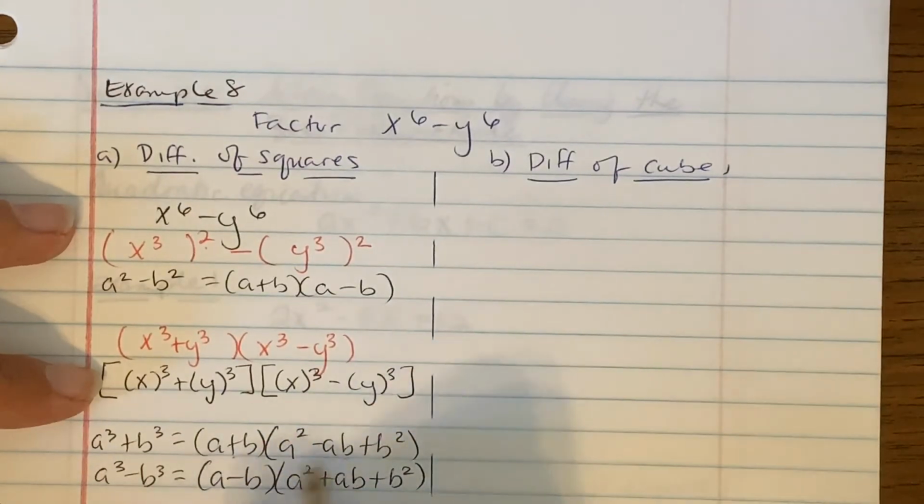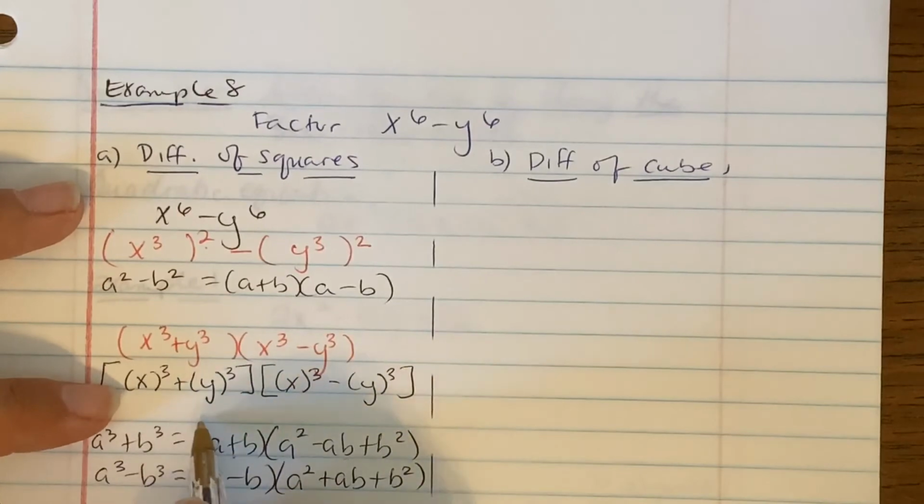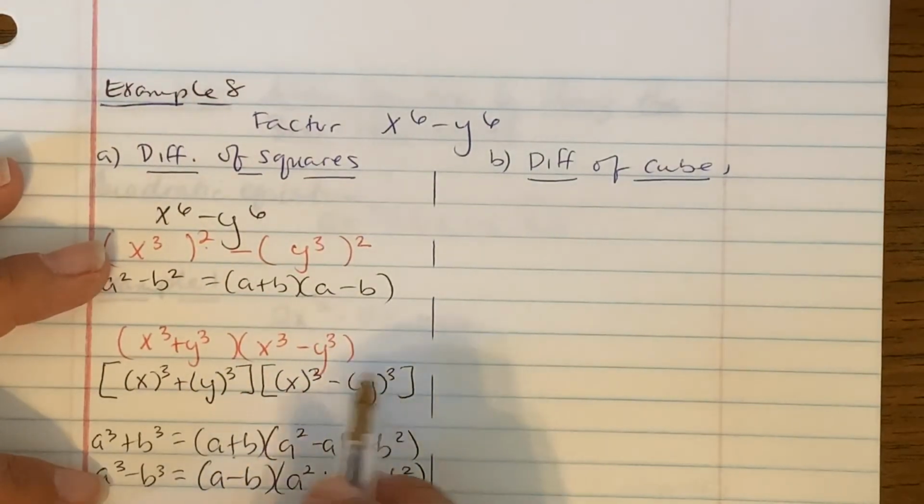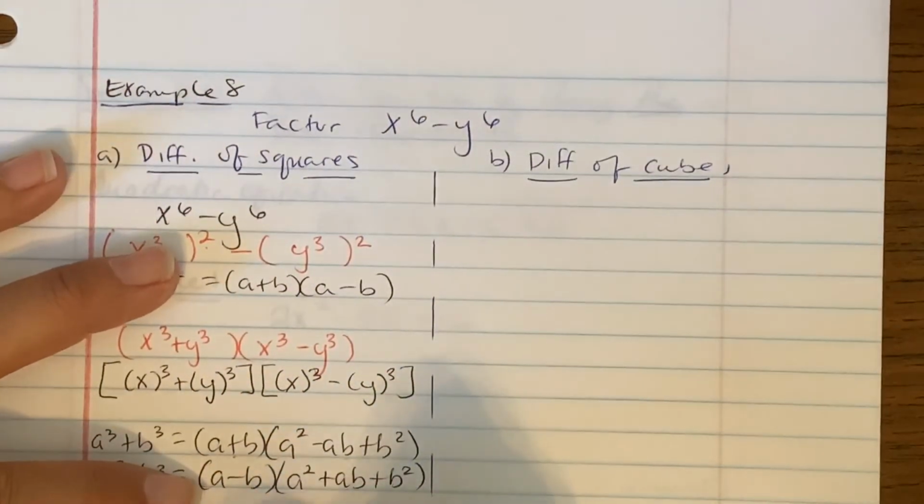So here's our two situations, and all we're going to do is group them together. So I'm going to write x plus y, then x squared minus xy plus y squared. There's the first set. That's the x cubed plus y cubed. Now we're going to go to the x cubed minus y cubed. So we're going to write x minus y, then x squared plus xy plus y squared closed.